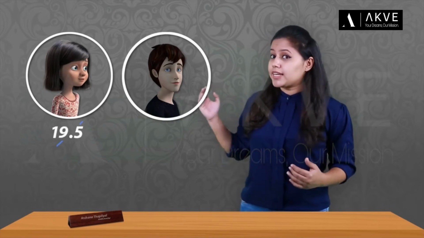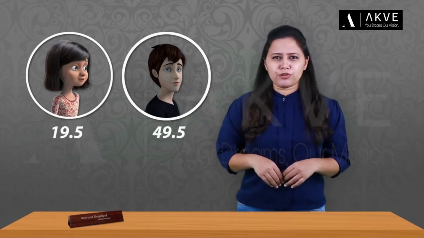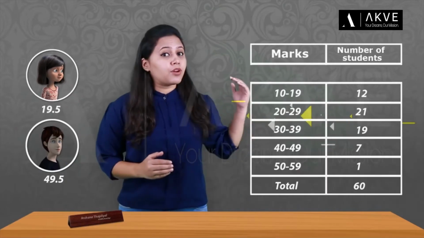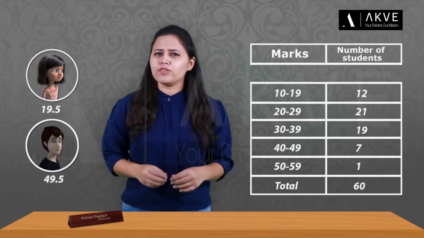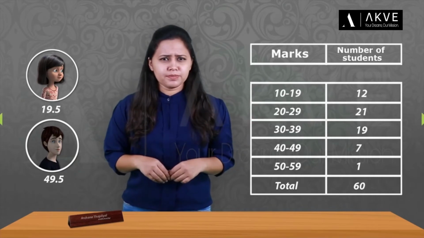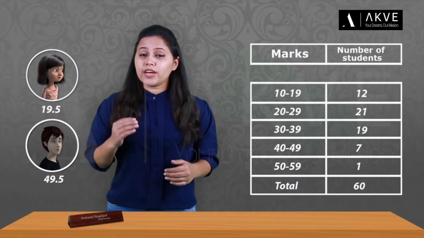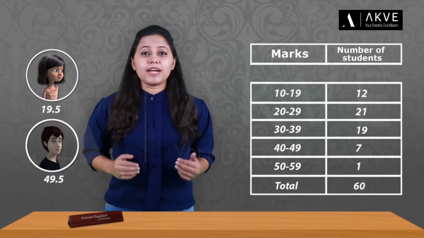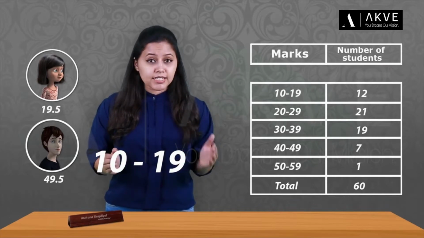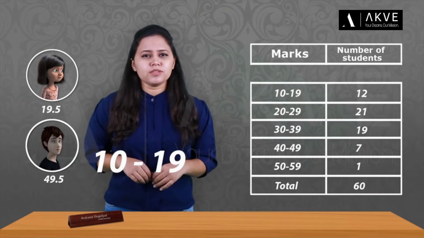Now suppose there are 2 new admissions in the class. These 2 students also write the test and their scores are 19.5 and 49.5. Now we have to include their scores in the frequency distribution table along with other students. In which interval shall we include them? By what we have learned so far, we know that the class 10 to 19 includes scores 10, 19 and the in-between scores.